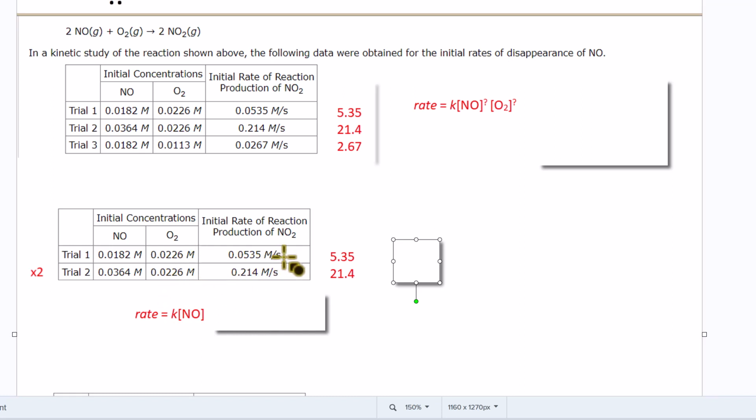Now, notice the rate, the molar per second that the NO is produced, is not double. It's 5.35 to 21.4. It went up a lot more than times 2. And in fact, let me pull up my calculator.